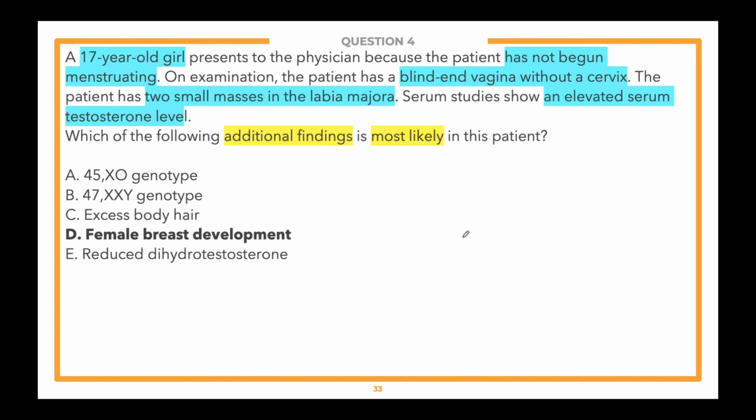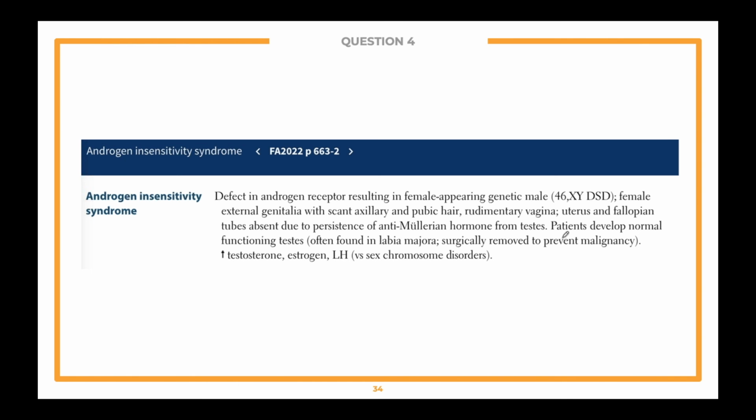Let's dive a little into AIS, or androgen insensitivity syndrome. Basically these patients are 46XY, genetically male. Their external genitalia are female appearing, which is why this patient would have female breast development.